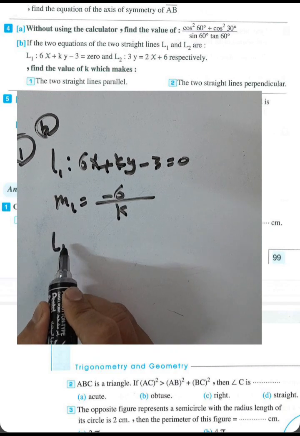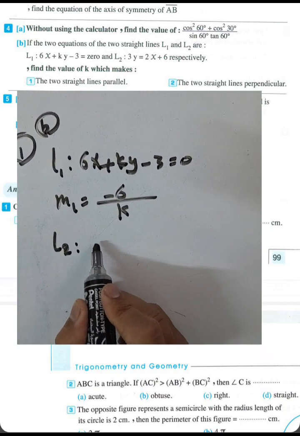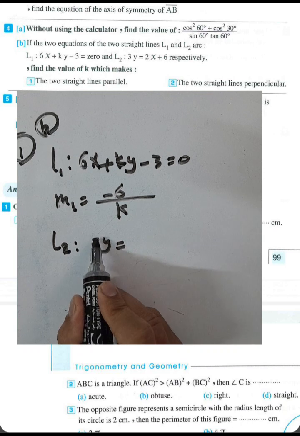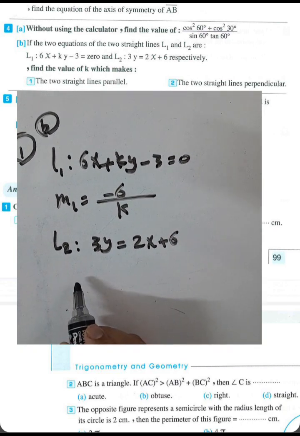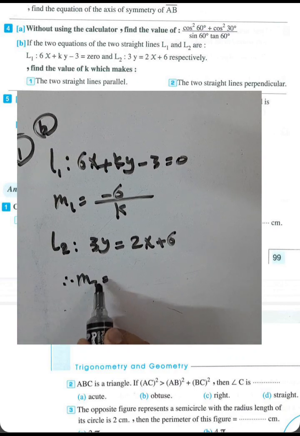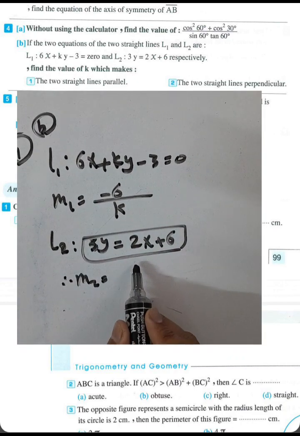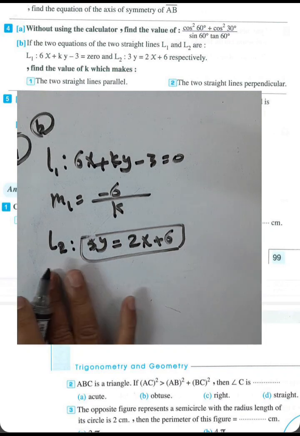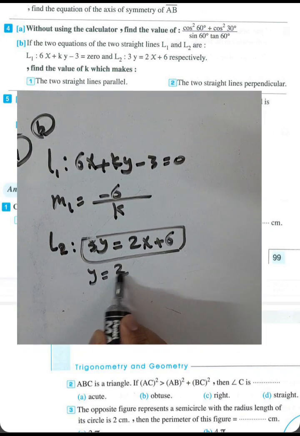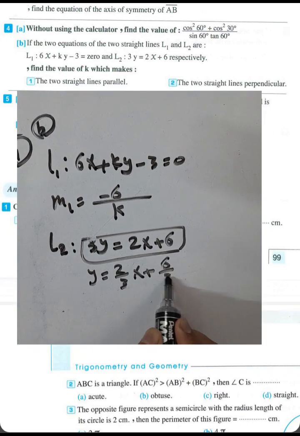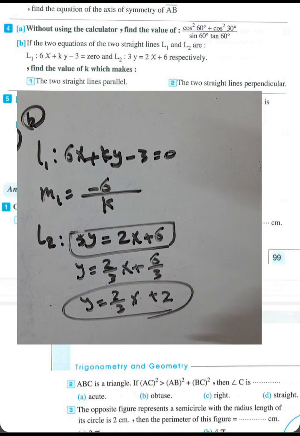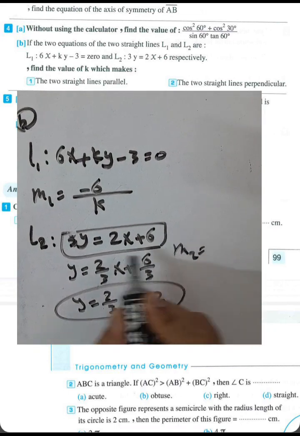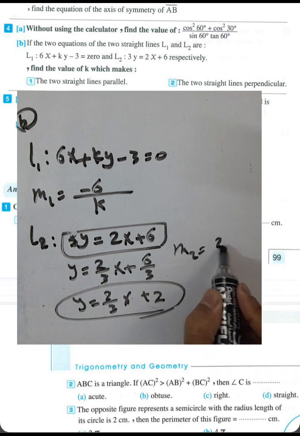For straight line 2, 3y equals 2x plus 6, divided by 3, so y equals 2 over 3 x plus 2. The slope of L2 will be 2 over 3.